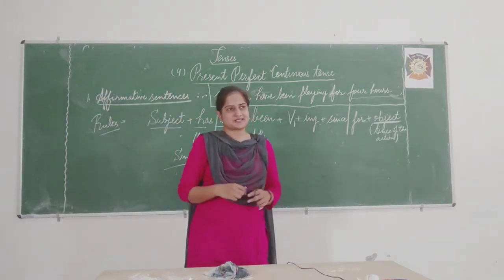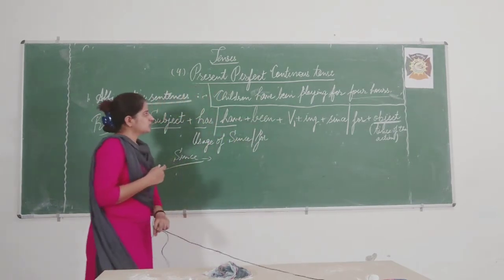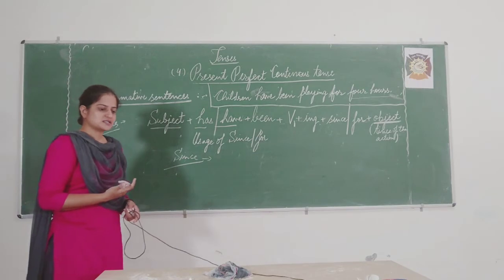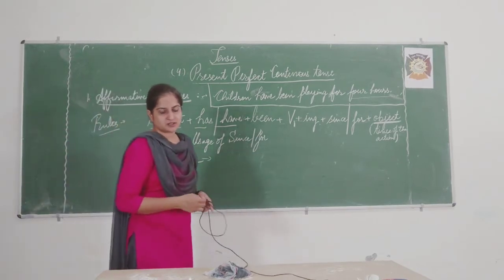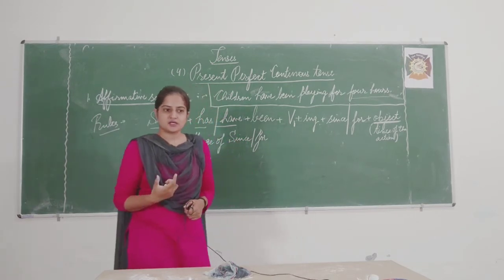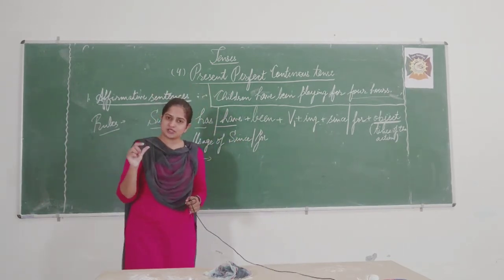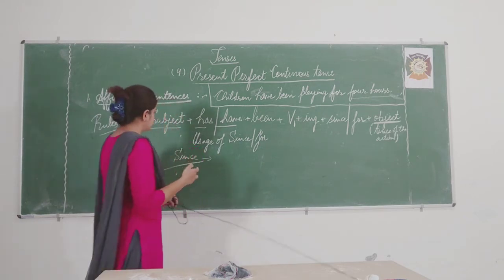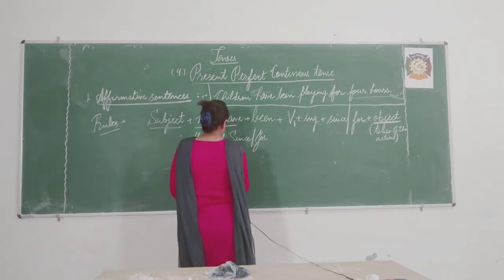For example, if I say children have been playing since 5 p.m. or since morning. Here I am talking about a particular point of time. So where do we use since?